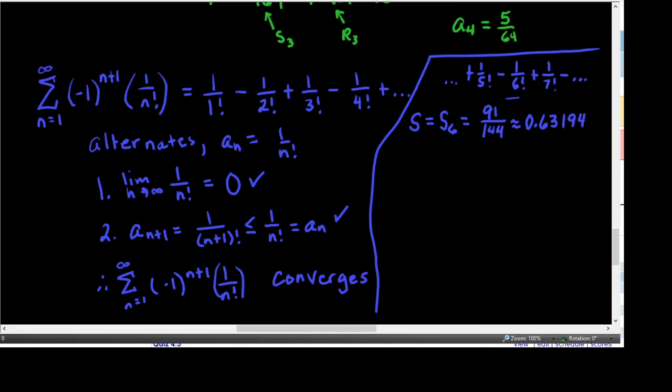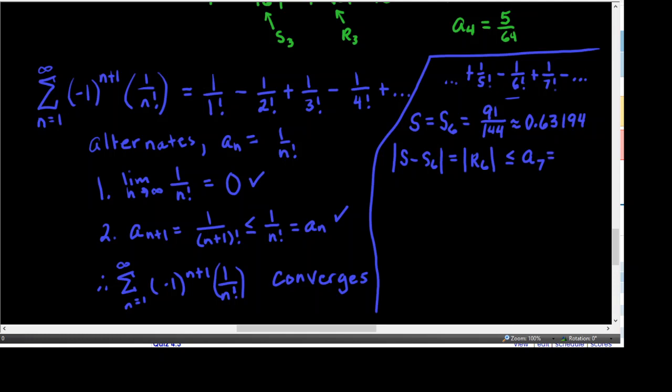Okay, so what we know from the alternating series remainder theorem is that the actual sum minus the approximation we just found, when we take its absolute value, gives us the remaining part of the series, r sub 6, the remaining part after the first 6 terms have been pulled off. According to that theorem, that remainder, that error, is definitely less than or equal to a sub n plus 1. Since n here is 6, that'll be the 7th term.